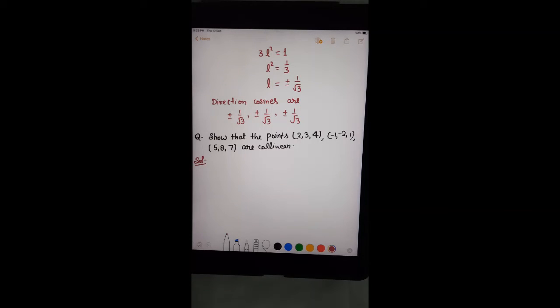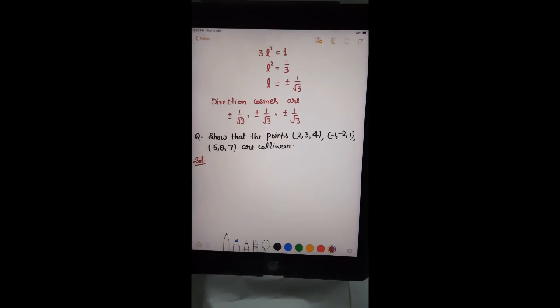Now let us take another question in which we are using the application of direction ratios. This is question number 4 from exercise 11.1. The first point is 2, 3, 4, second point is -1, -2, 1, and third point is 5, 8, 7. We have to prove that these points are collinear. So, how to prove 3 points are collinear?